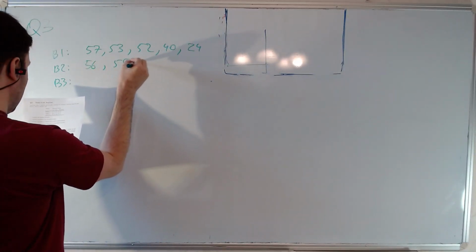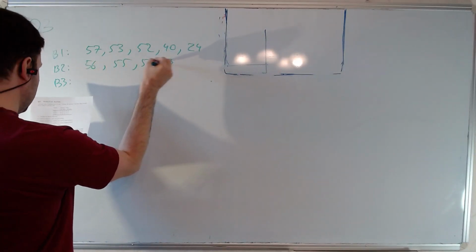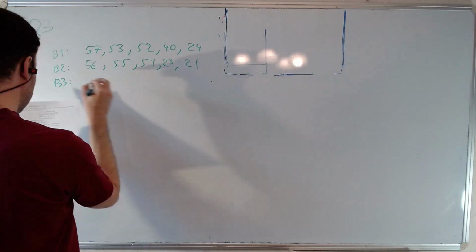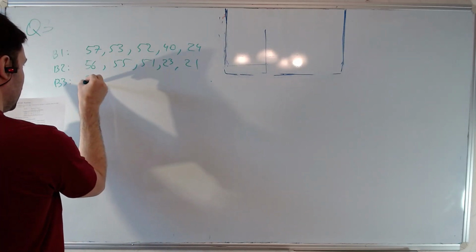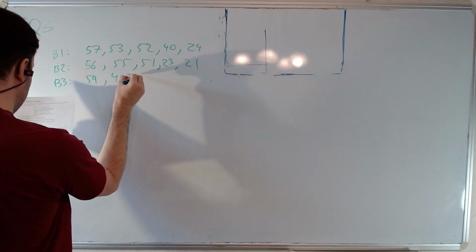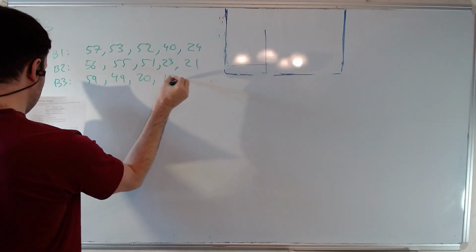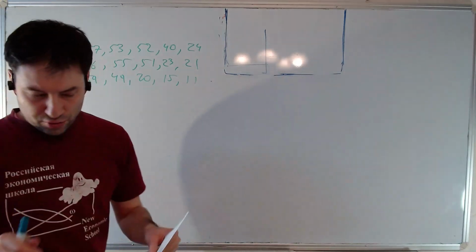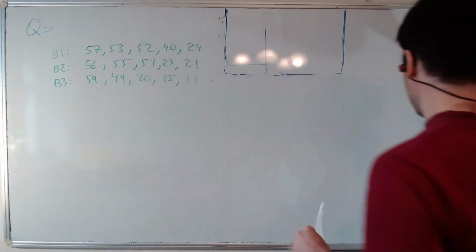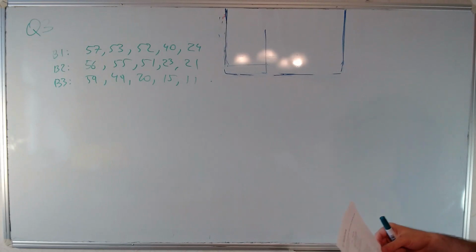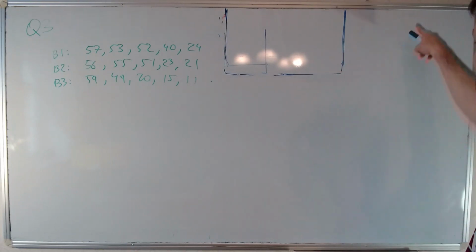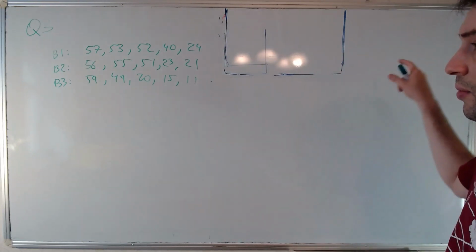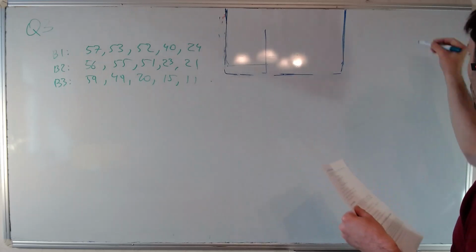56, 55, 51, 23, 21, 59, 49, 20, 15, 11. Okay, what I would recommend doing for this question is quickly listing these bids vertically, ranking them from highest to lowest so that we know what we're dealing with.